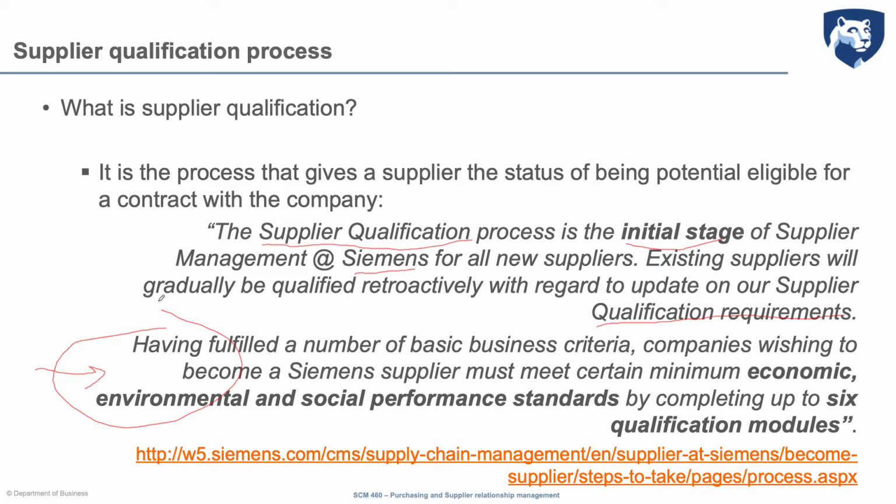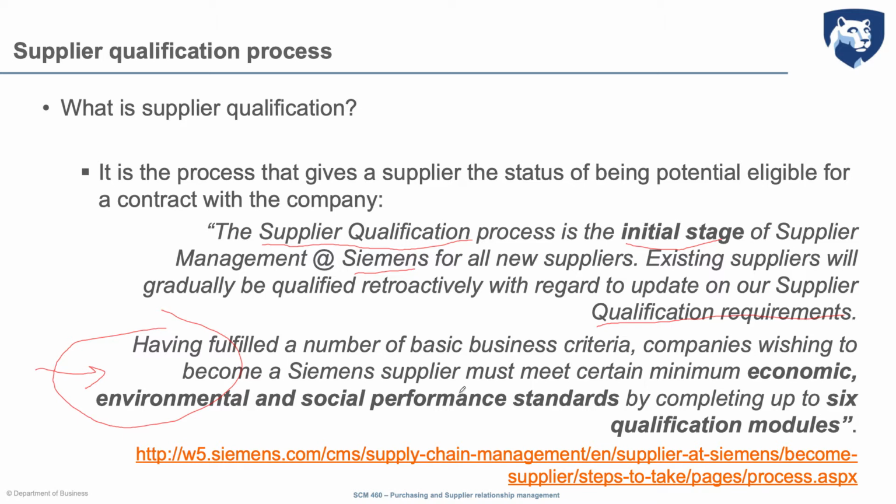With market research, I identify all the potential suppliers that can be suitable for my need. Then I ask my suppliers to complete some documents, to provide me some information, and I will assess this information according to economic, environmental, and social criteria, objective requirements that each company sets.